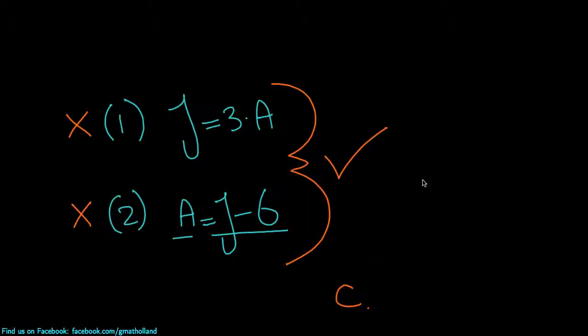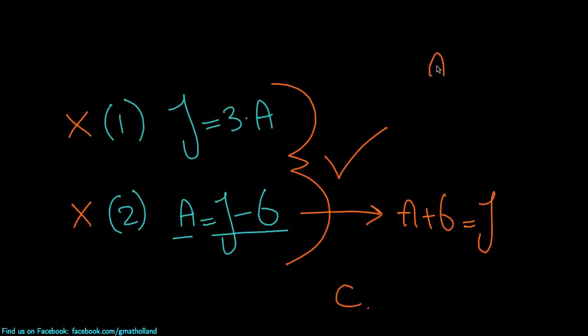But suppose we would have needed to calculate A. What we could have done is to rewrite this second equation as A plus 6 is J, so we solve for J. So we have 2 expressions for J, that is A plus 6 and 3A.